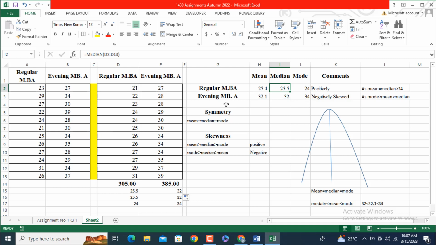Now come to the second series, which is labeled as the M.B.A evening section. Look at it. Again, mean and median are equal, but here the mode is greater than the mean and median. It means the mode lies on the left hand side of the distribution. It means it is negatively skewed.